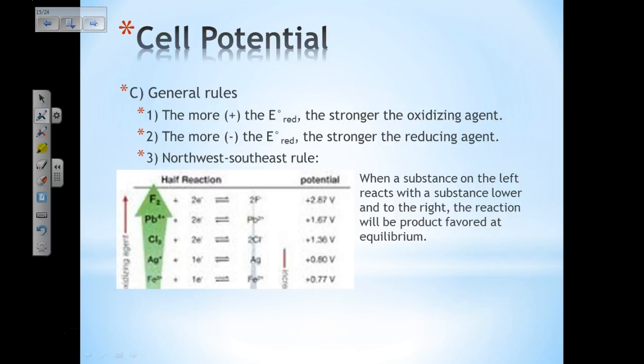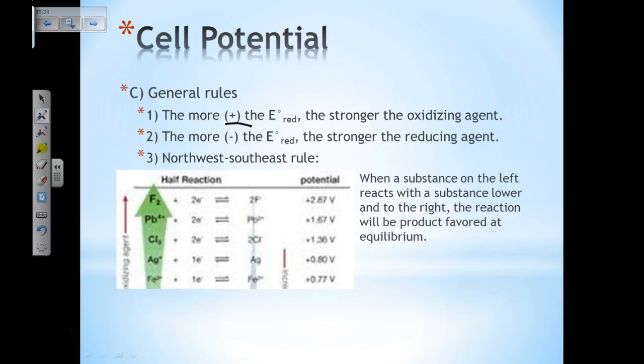Let's get rid of the calculator and move on to some general rules. The idea is that the stronger oxidizing agents have the more positive reduction potential. Remember that the thing that is being reduced is the oxidizing agent. So the more positive it is, the stronger it is.